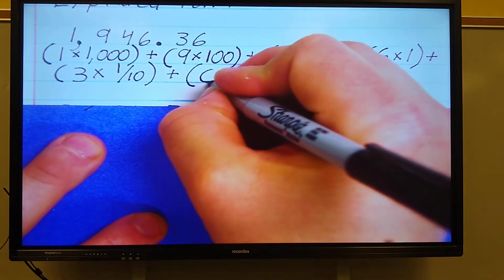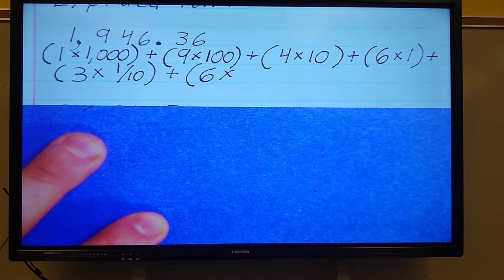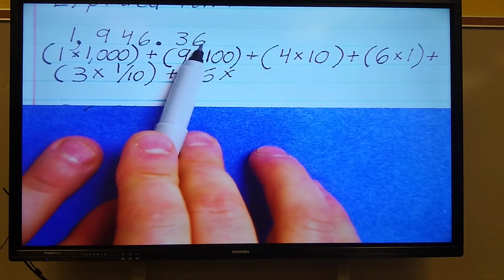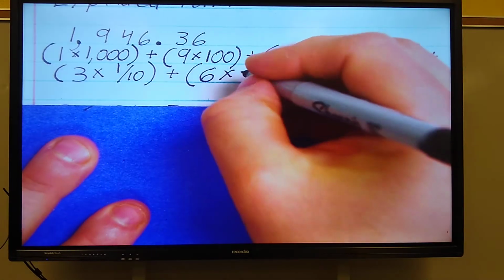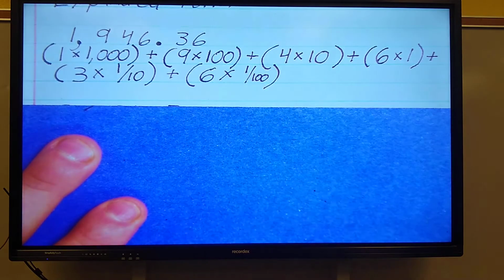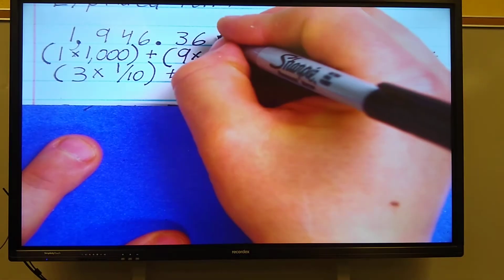6 times. It is in the hundredths place. So, 6 times 1/100. Now I'm going to add a number here. Let's say a 2.